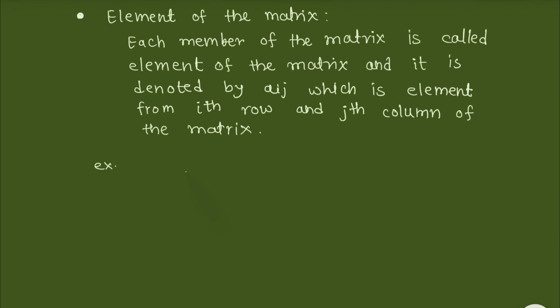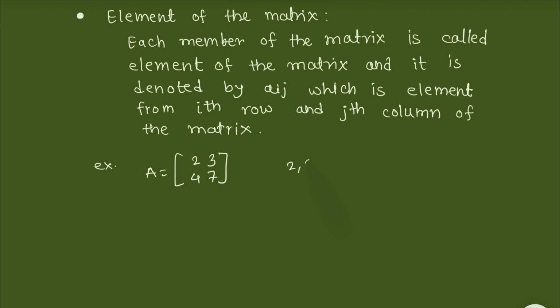Okay. Element of the matrix. Each member of the matrix is called an element of the matrix and it is denoted by aij, which is the element from the ith row and jth column of the matrix. Let A be the matrix 2 3 4 7.